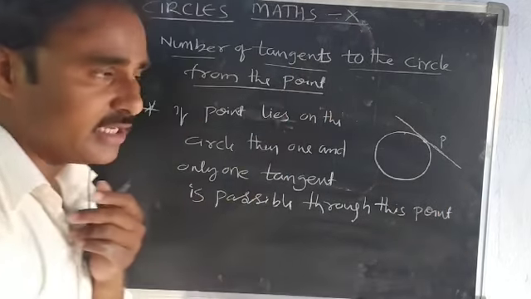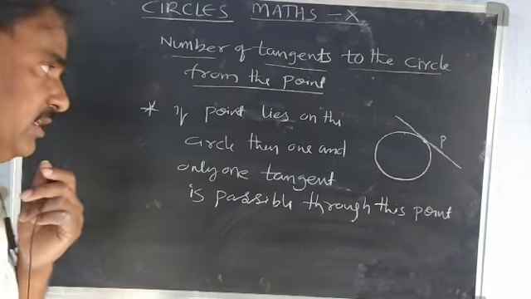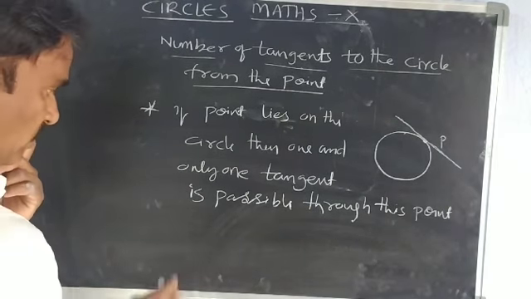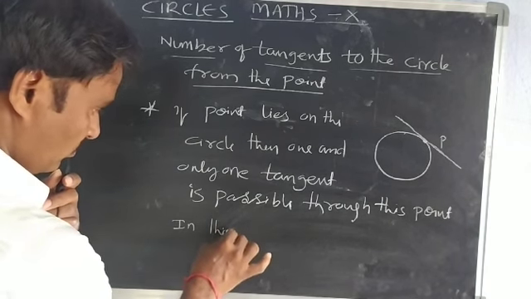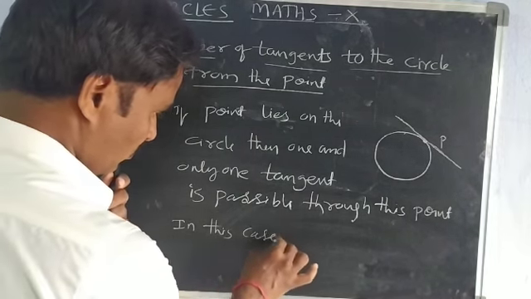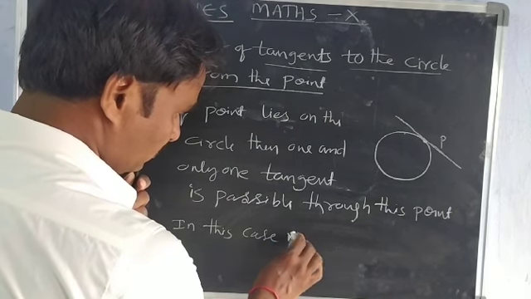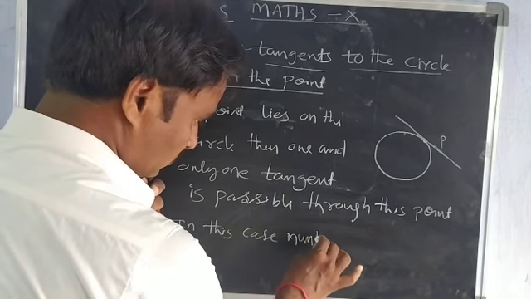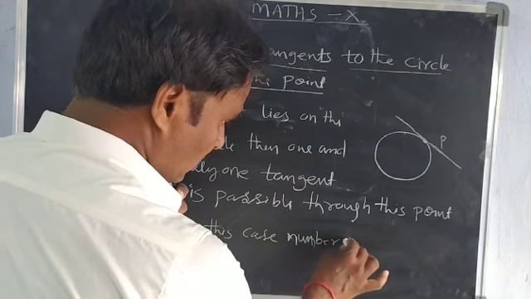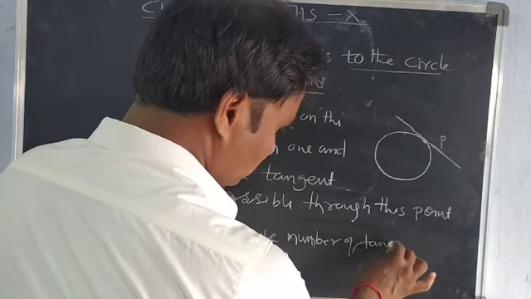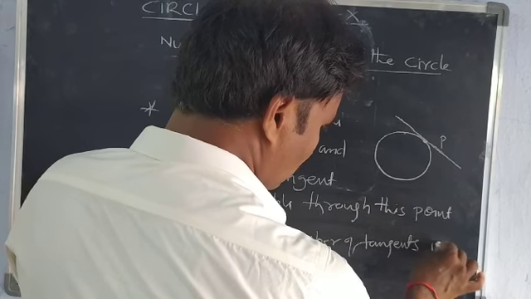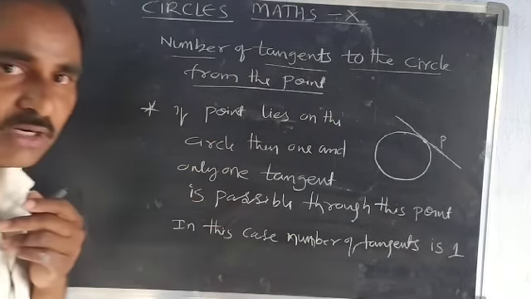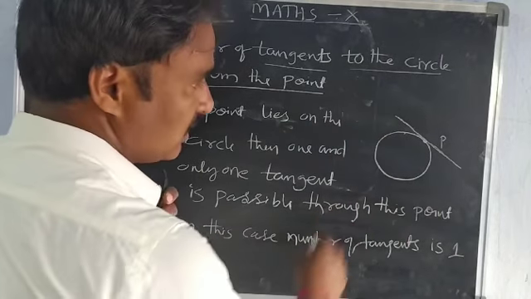Only one tangent we can draw when the point lies on the circle. In this case, the number of tangents is 1.